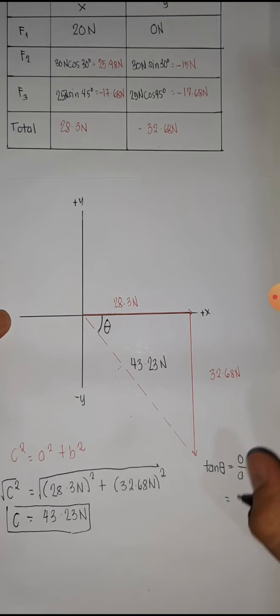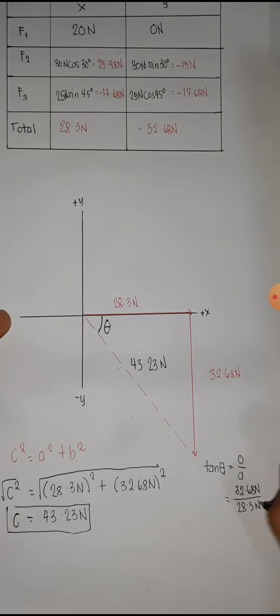So opposite is 32.68 Newton over adjacent, which is 28.3 Newton. Actually, you can disregard the sign here, because the negative sign for this one is only directional. It only tells you that the y component is in the negative y-axis.